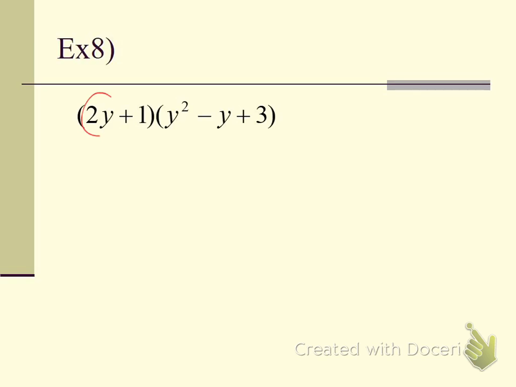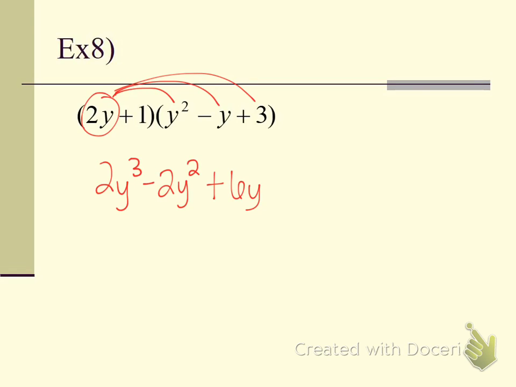2y. So we're distributing that to everything in the second set of parentheses. 2y times y squared is 2y cubed. 2y times -y is -2y squared. 2y times 3 is positive 6y.